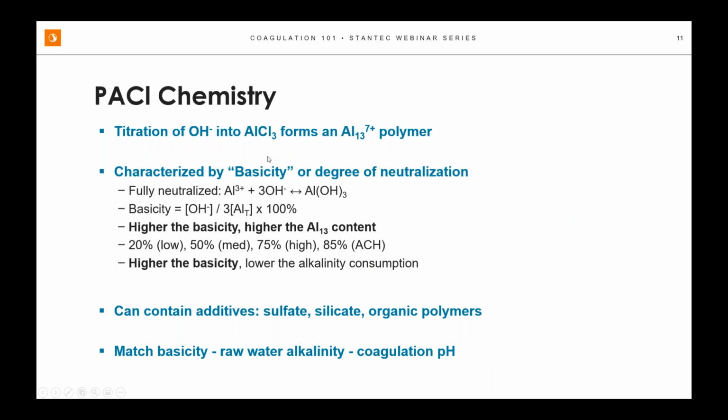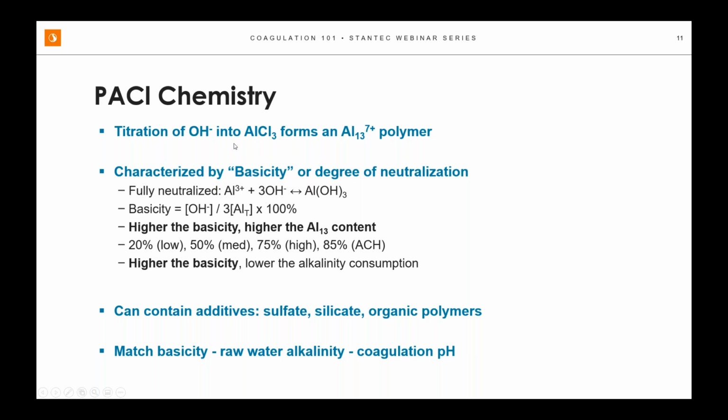Okay, so if we talk about polyaluminum chloride chemistry, we first have to define a little bit about what it is, because there is no chemical except polymers less understood and more foggy in the world of procuring water treatment chemicals.